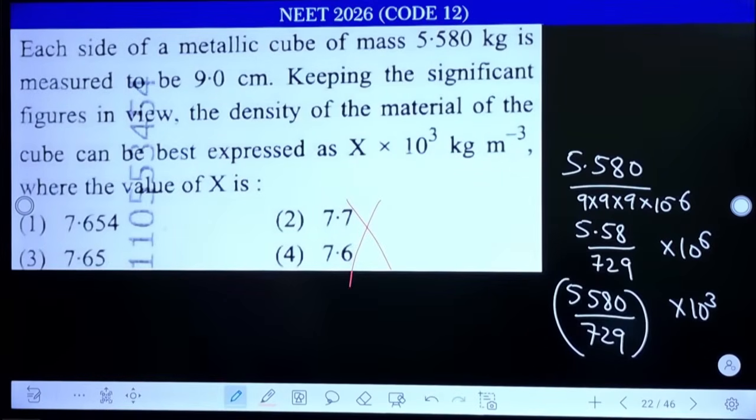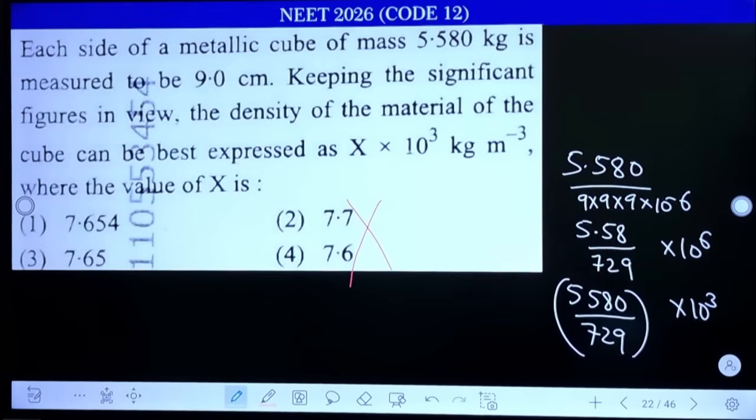But what does the rule say? That rule you need to check out. Does the rule say that we need to check the number of significant figures or the number of decimal places? What does the rule say? Yes.